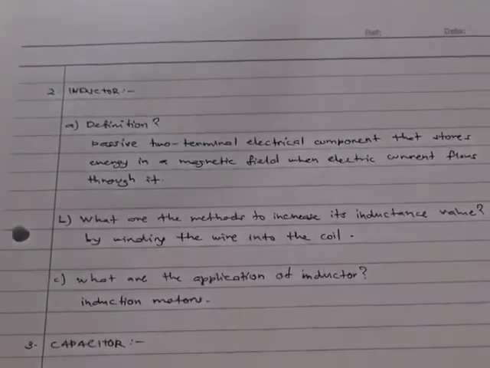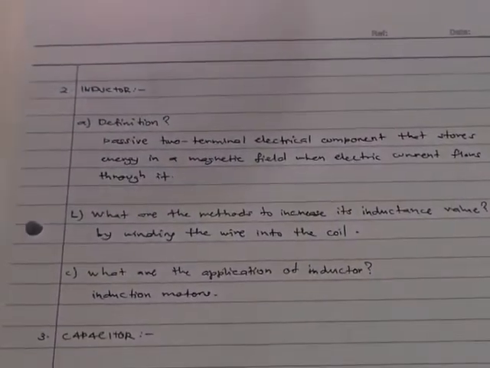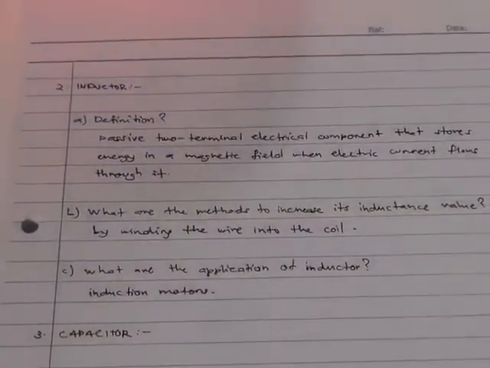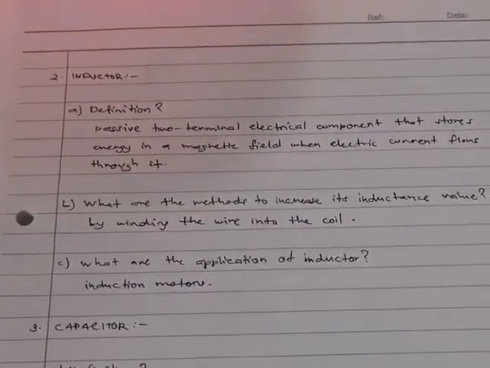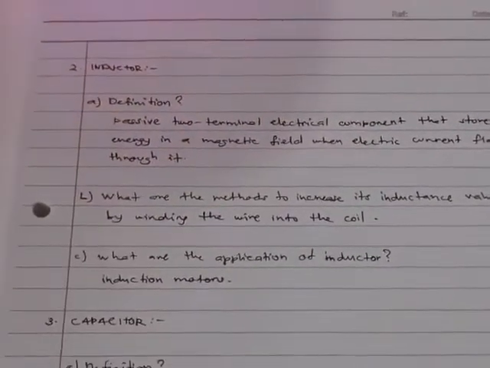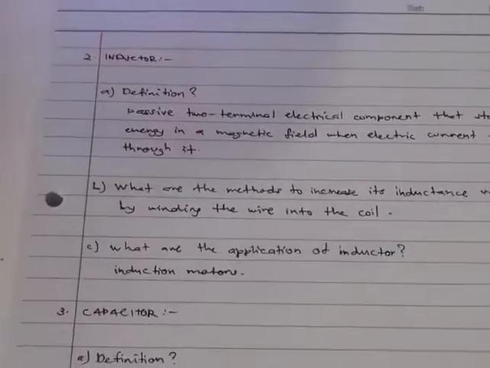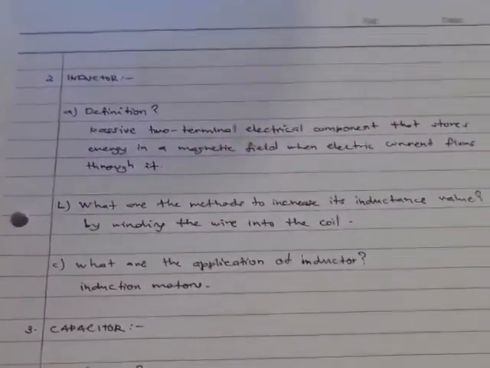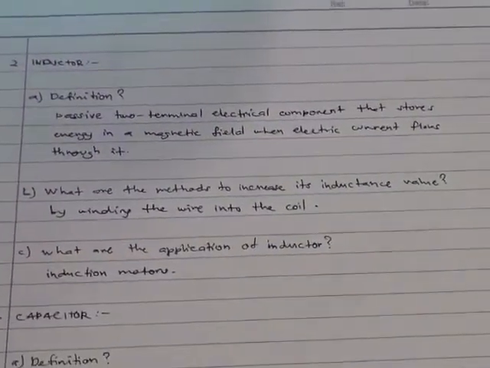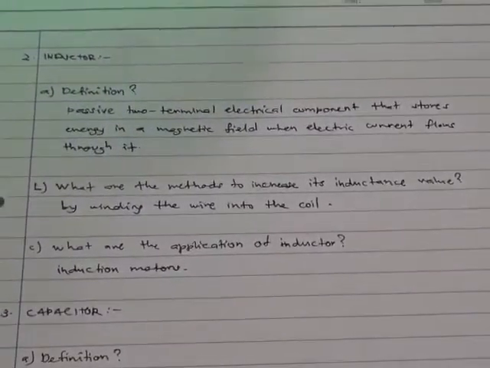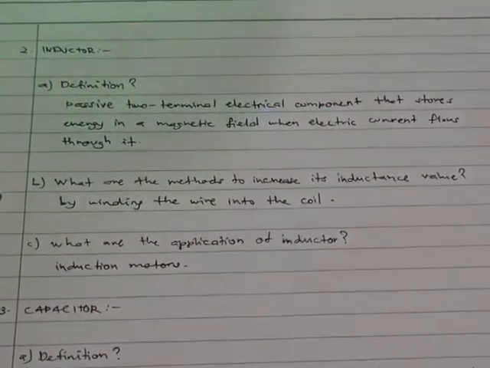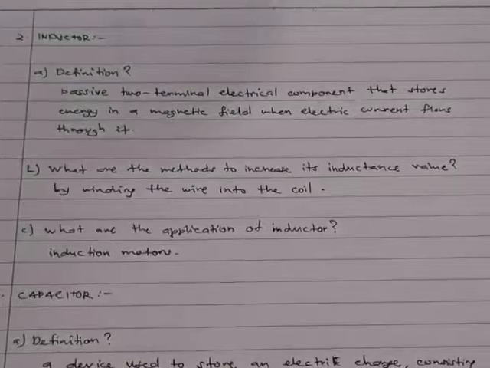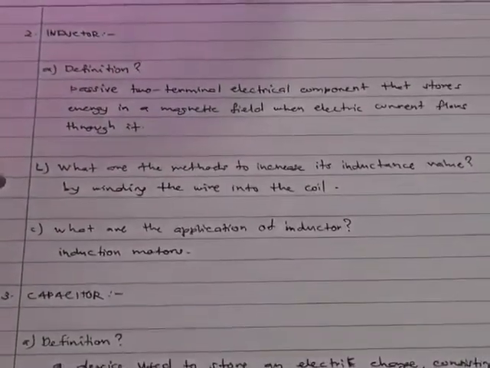Okay, for number 3, the question is the definition of capacitor. What is a capacitor? A capacitor is a device used to store an electric charge, consisting of one or more pairs of conductors separated by an insulator.